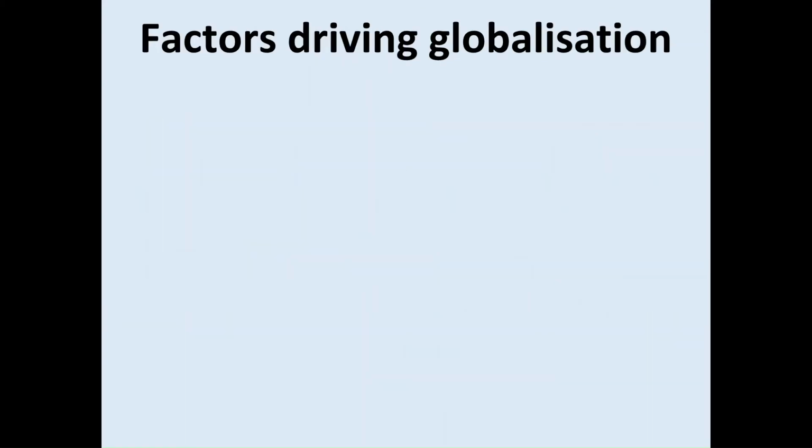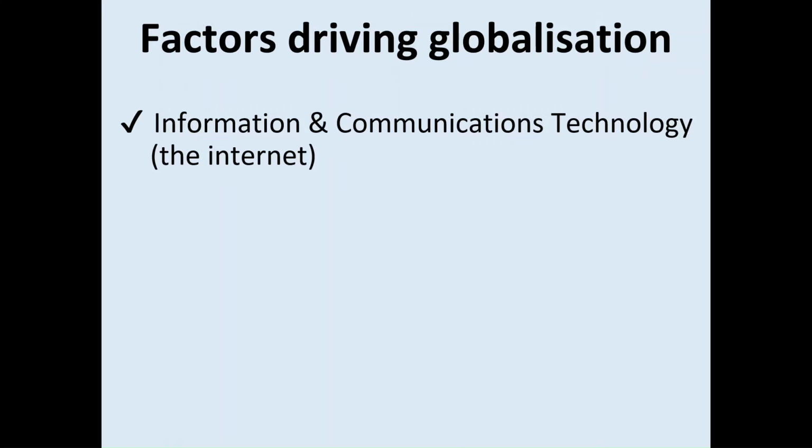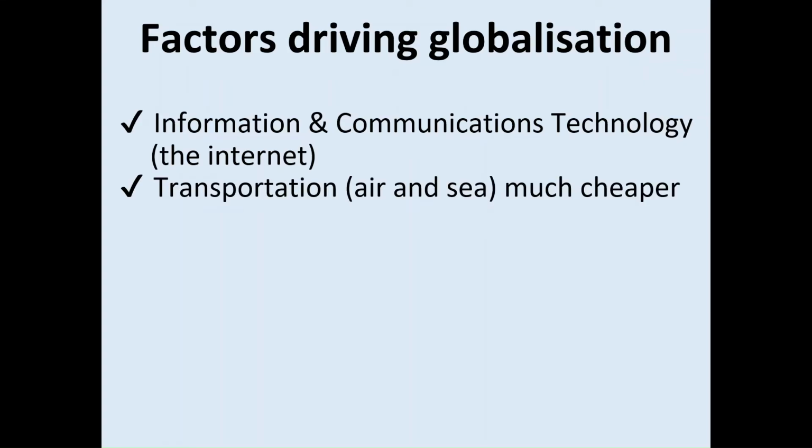So what drives this phenomenon we call globalisation? Well, information and communications technology, including the internet, has massively increased and massively developed in recent years, which has fueled the opportunity to globalise. Transportation, both in terms of air and sea, have also become much cheaper.